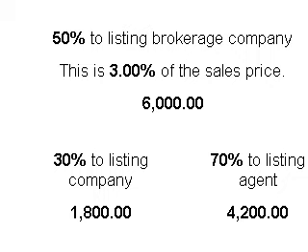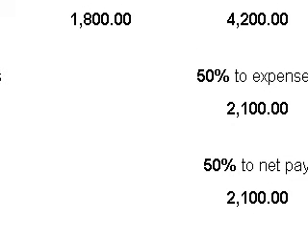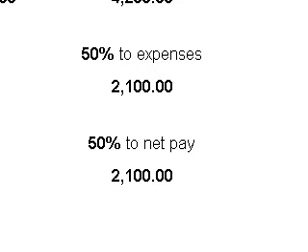Now the split between the company and the agent, the 30-70 split. That means the company got $1,800, the listing agent got $4,200. Now the last split is the expenses that the agent paid, various business expenses, and his net pay. So out of the $12,000 that we paid to the listing agent, he saw $2,100.